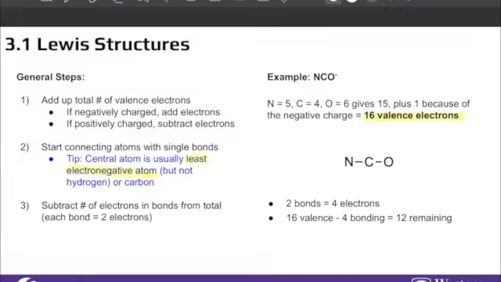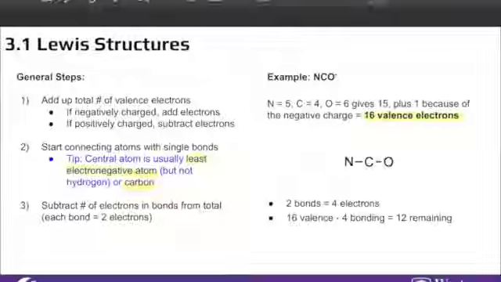Or it's often carbon. So for example, that's the case for this compound. So one hint is that carbon's usually in the middle, so you could use that. Also, oxygen and nitrogen are more electronegative than carbon, so you know that those would probably not go in the middle and would probably be more towards the outside.